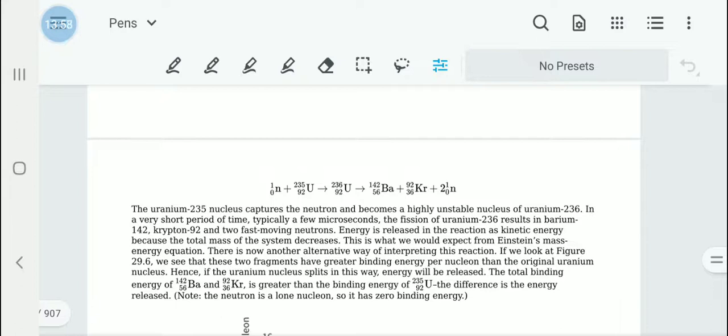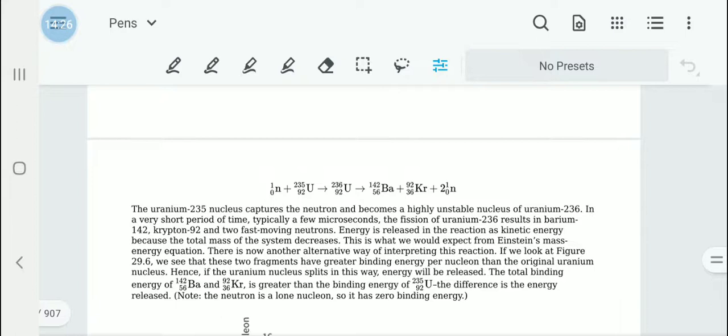Within a few microseconds, the fission will begin and will produce barium-142 and krypton-92, and also a very fast moving neutron. So a neutron is released. So actually two fast moving neutrons are produced.